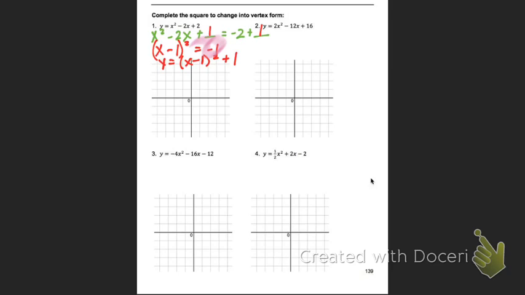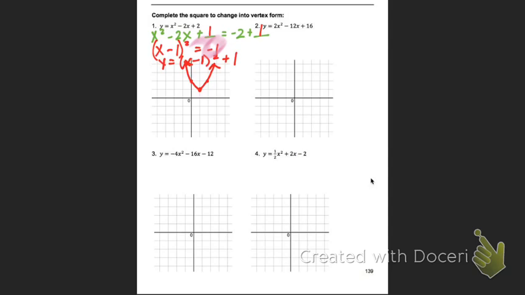Right one, up one. It just goes up 1 and then right or left 1. That's it.